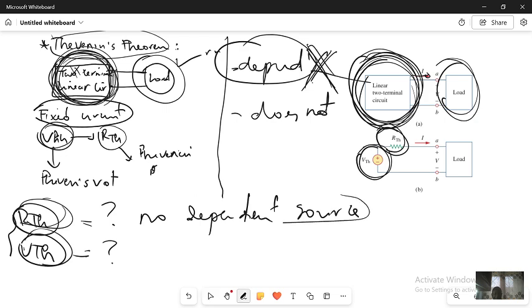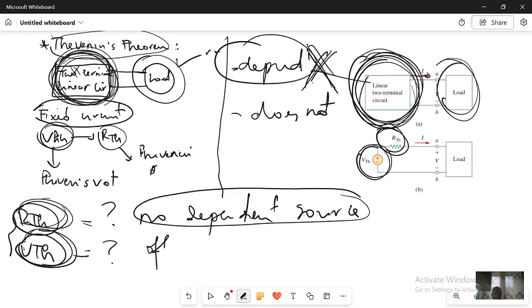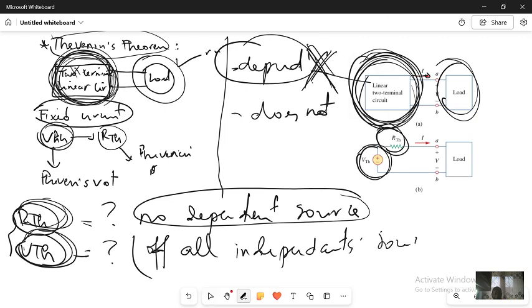To determine RTH, we will turn off all independent sources.